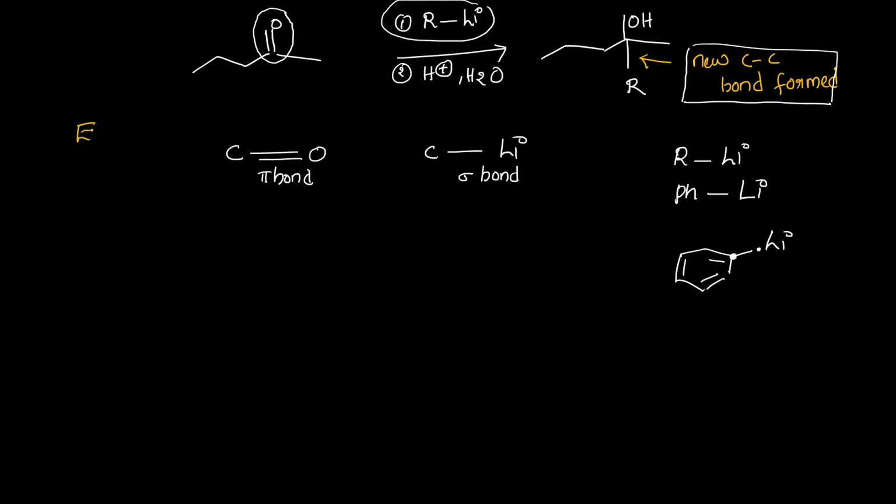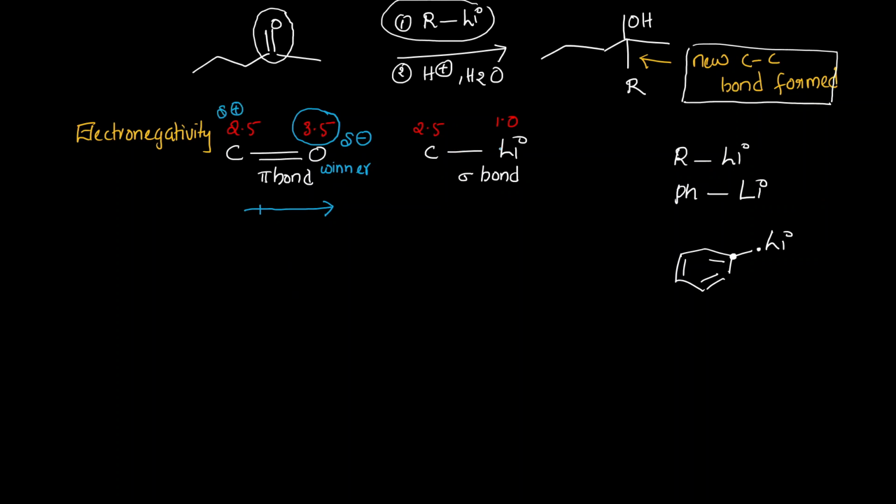And if you see the electronegativities of these atoms, the carbon has 2.5, oxygen has 3.5. Again, we have the carbon which has 2.5 and lithium which is 1. If you consider the carbon and the oxygen, you can see that the oxygen has the higher electronegativity. That means the oxygen will pull the electrons towards itself like a tug of war, and the oxygen will be the winner. So the oxygen will gain a partial negative charge and the carbon will gain a partial positive charge.